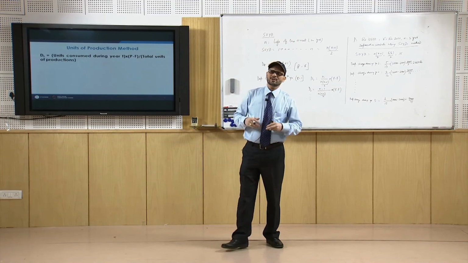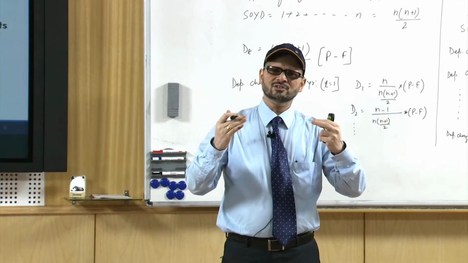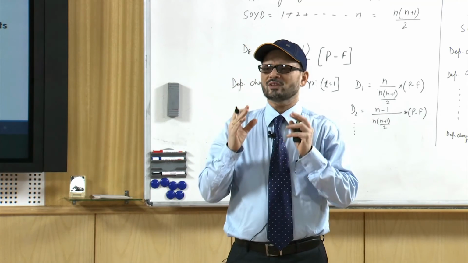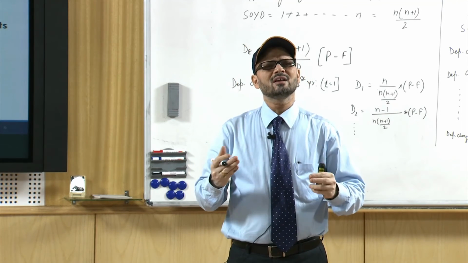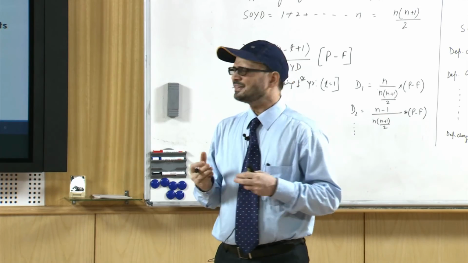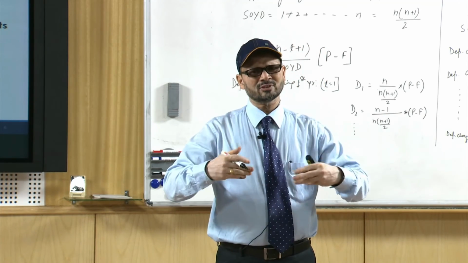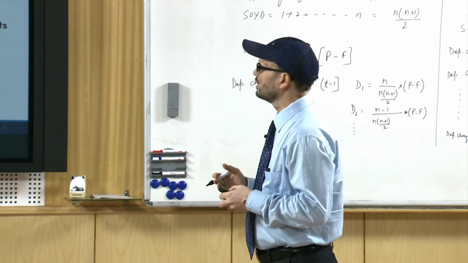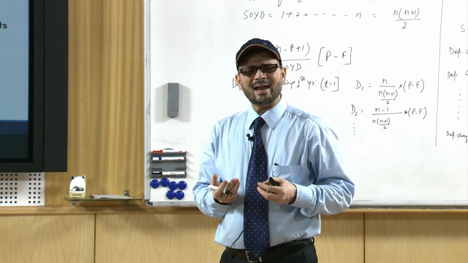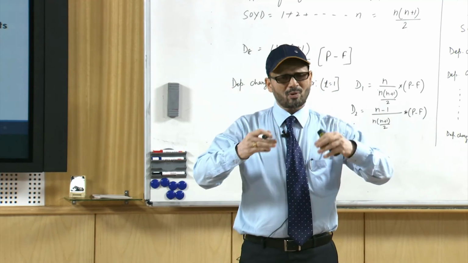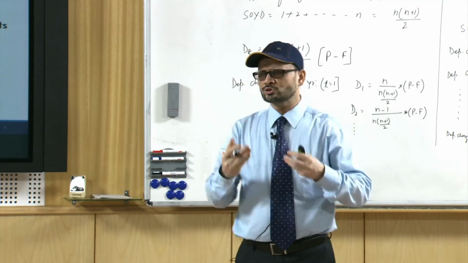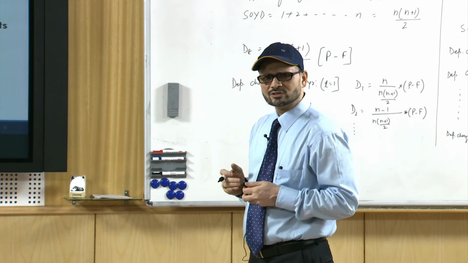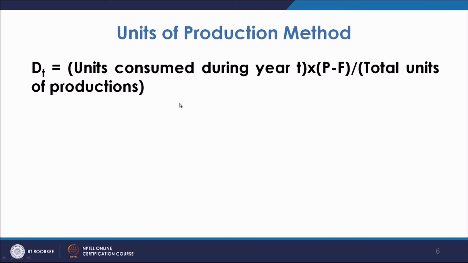It is applicable for those machines where the depreciation is because of wear and tear of the machine elements. The more the machine is used for production runs, the larger its depreciation, and the less we run it, the less we produce, and the smaller the depreciation charges.